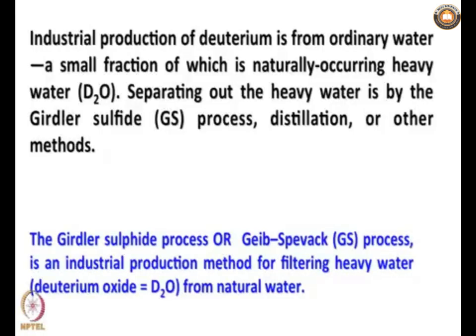So, this is the method one can use. On the other hand, another method called Girdler sulfide process or Gibbs-Spivak process is also used. It is an industrial method for filtering heavy water from natural water.